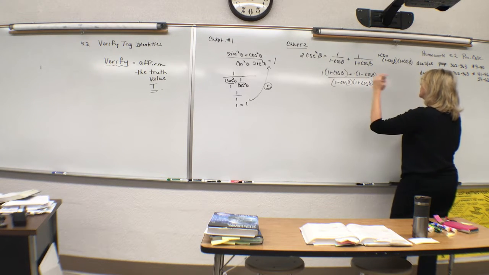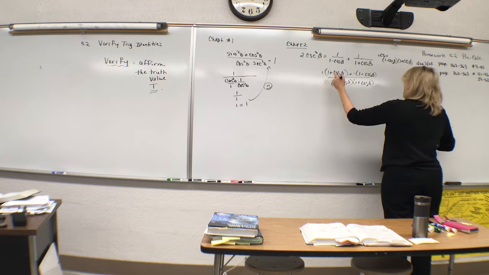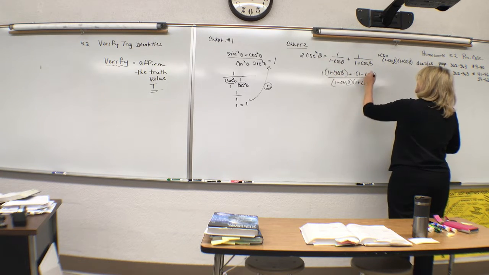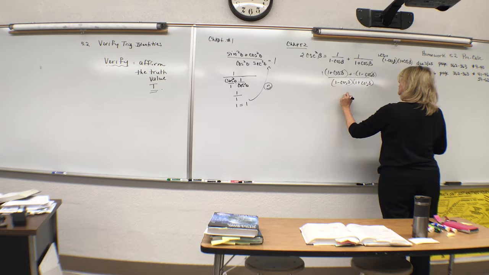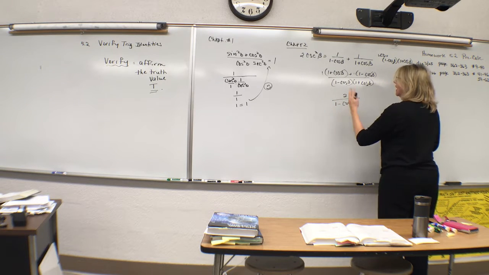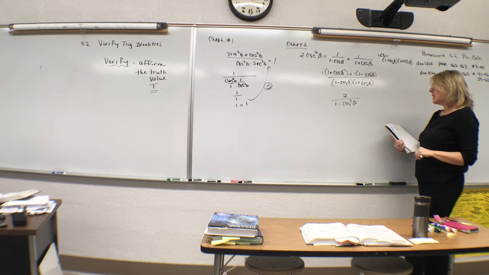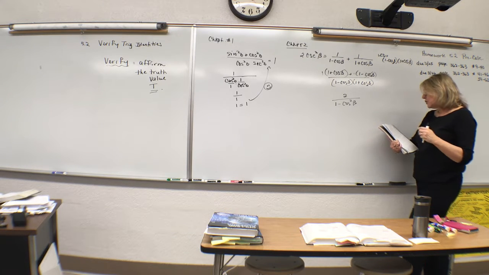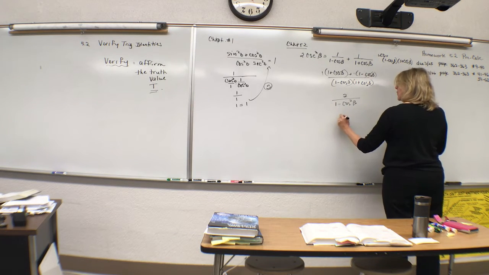Then combining like terms, the cosine betas cancel, 1 plus 1 equaling 2 over 1 minus cosine squared beta. Again, Pythagorean substitution would tell us that 1 minus cosine squared beta is simply sine squared beta.